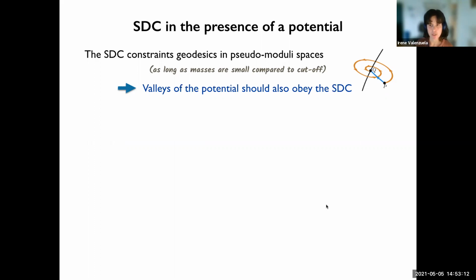Okay, so in principle, already in the original paper, the idea is that this conjecture should apply even if you have a scalar potential, as long as the energy scale is small compared to the cutoff, so that the potential is not obstructing going to the infinite distance, like when you have these runaway behaviors and so on, so that within the effective field theory, you can still reach some infinite distance limit.